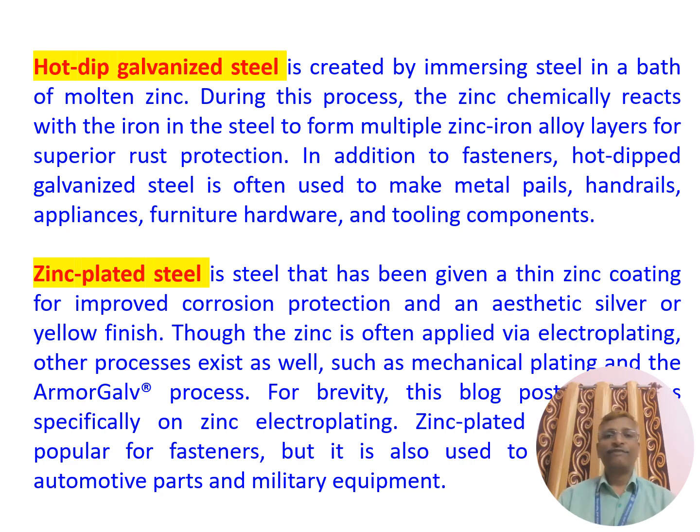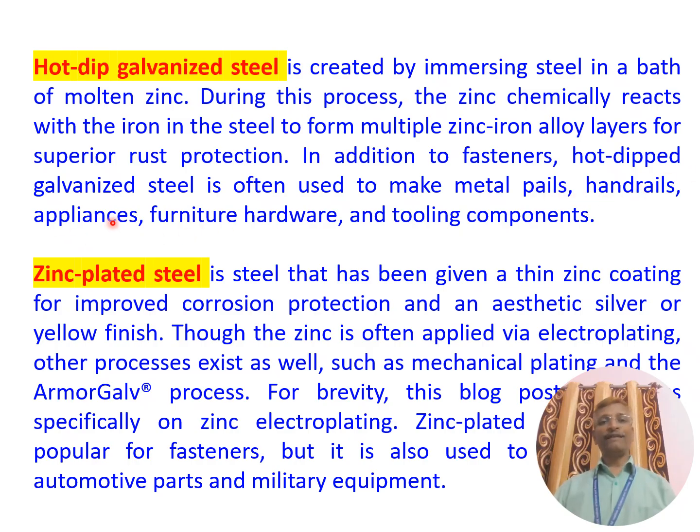Okay, so what is the mechanism behind that? Hot dip galvanized steel is carried out by immersing steel in a bath of molten zinc. You have to take molten zinc and dip the steel in the bath. During this process, the zinc chemically reacts with the iron in the steel to form multiple zinc-iron alloys. It's an alloy, and this alloy gives superior rust protection.